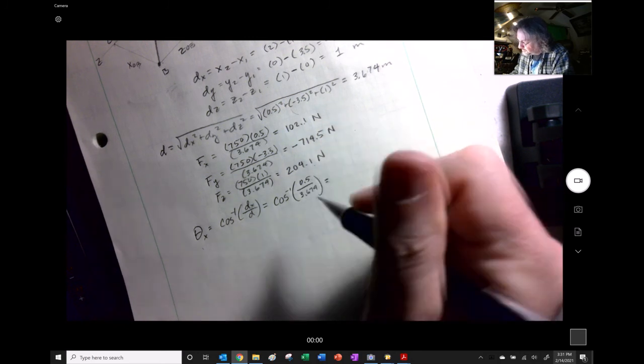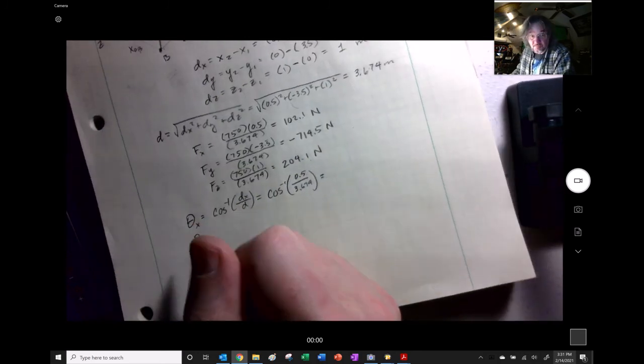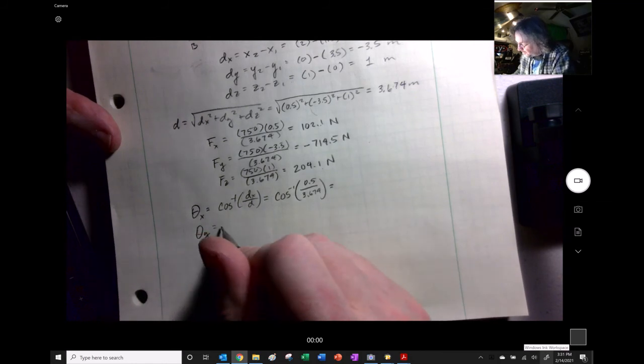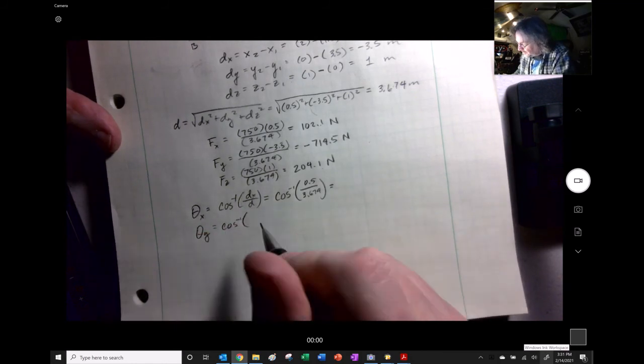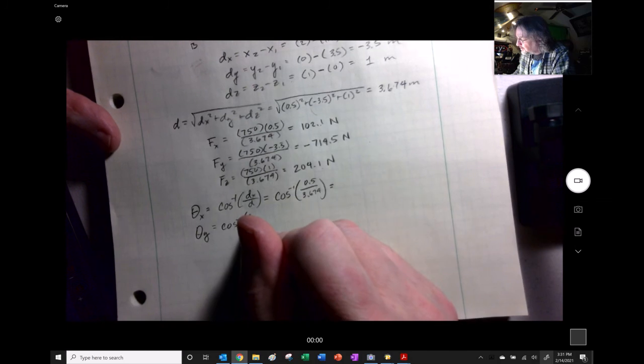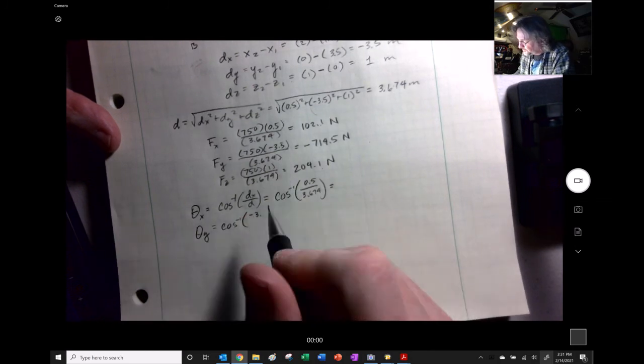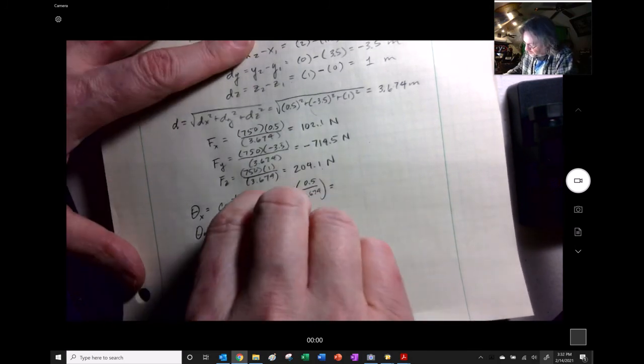Then theta y is the inverse cosine of dy over d. You can go ahead and do the negatives in here, that's fine, I meant to be consistent.